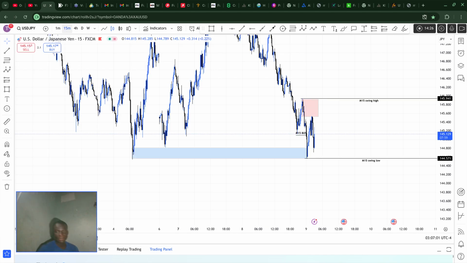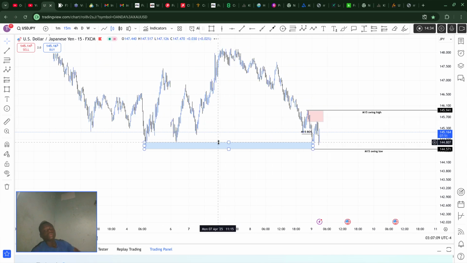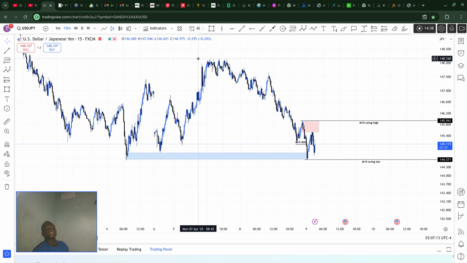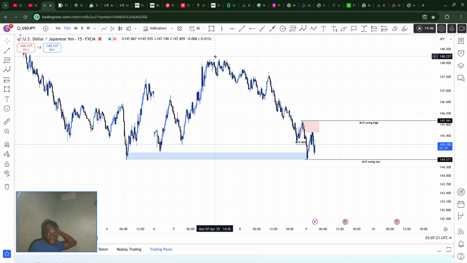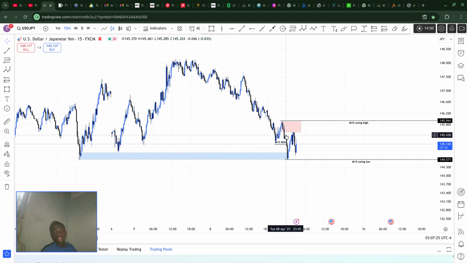So this failed to take out this high and break out, but okay, can just switch bullish again. But if it takes out this high here, now we switch bullish on the 4 hour time. But for now, anything can happen, expect it.